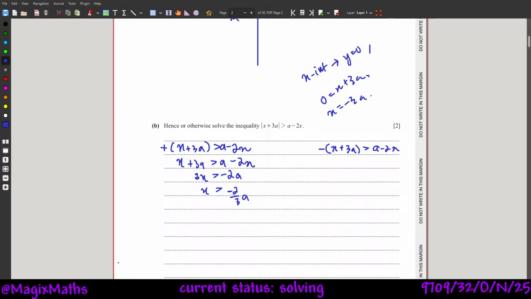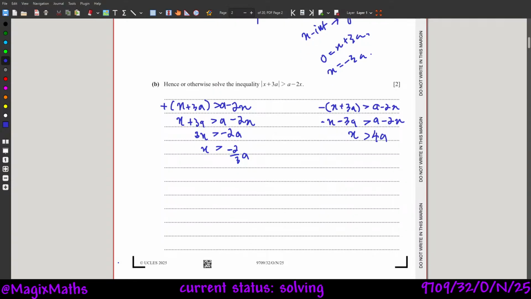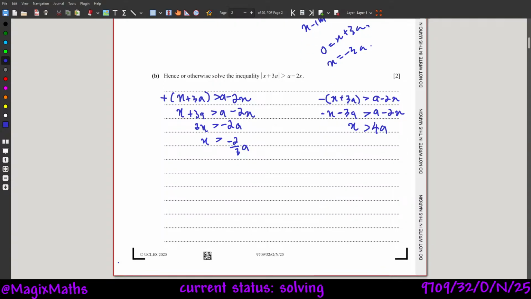And for this one, we have negative x plus 2x is x, and a plus 3a is 4a. So now we have two different values of a for x.